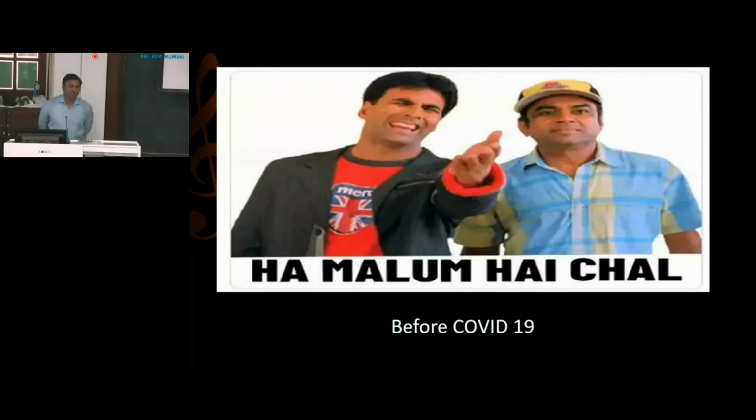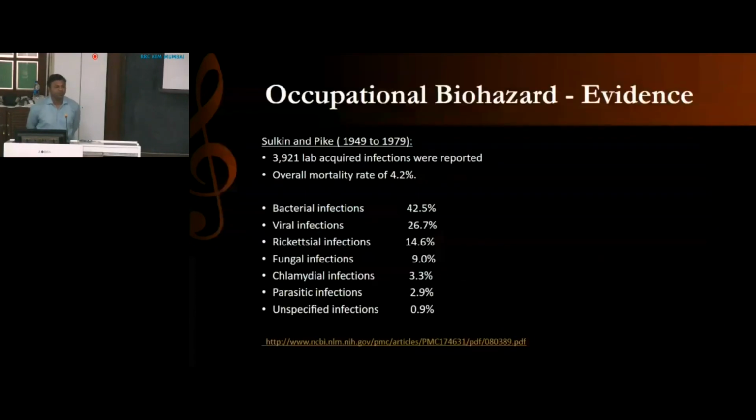And is this going to end? "COVID chala gaya na?" Neither has COVID gone, nor is the possibility of any new infection gone. These are known as emerging and re-emerging infections, which in the last few years have significantly increased. Understood? Emerging means COVID-19 is completely an emerging infection. It was never there before 2019.